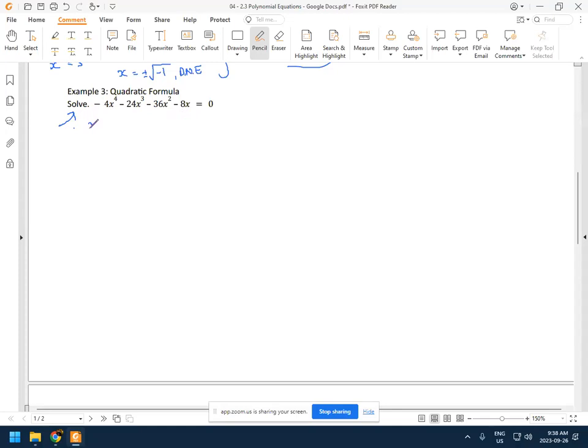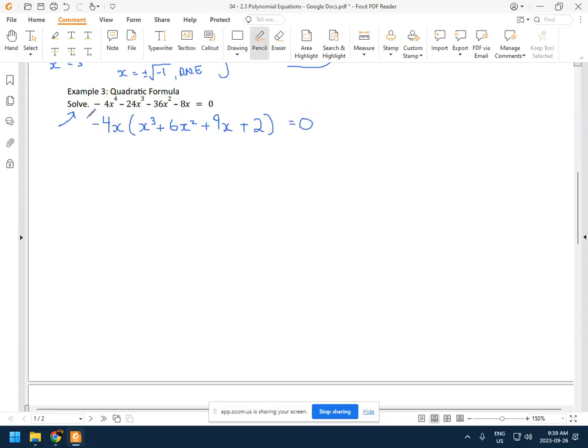I will factor. You know what, I'll factor out a negative. Oh, they're all multiples of 4 as well. I'm going to factor out a negative 4x, which leaves me with x cubed plus 6x squared plus 9x plus 2.